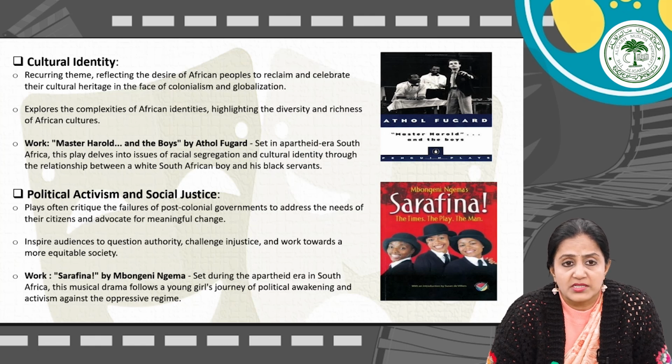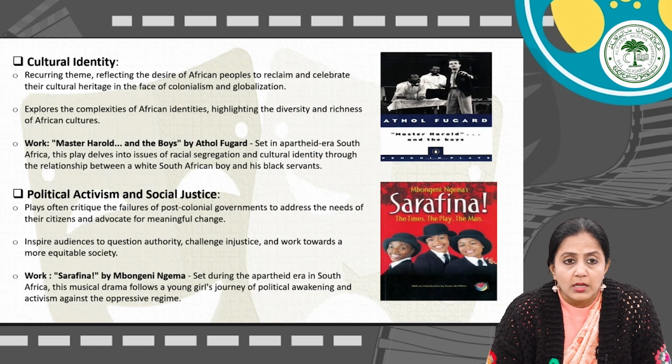Plays like Master Harold and the Boys by Athol Fugard, which is set in the apartheid era of South Africa, delves into issues of racial segregation and cultural identity through the relationship between a white South African boy and his black servants.